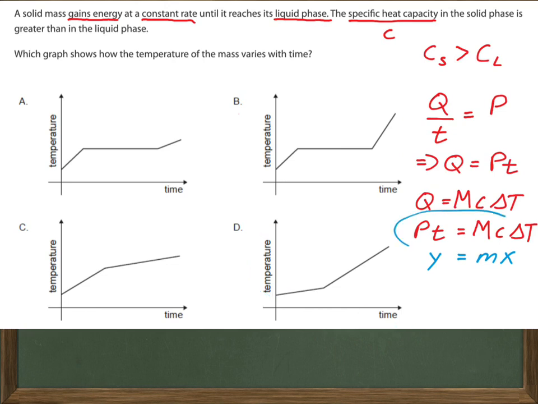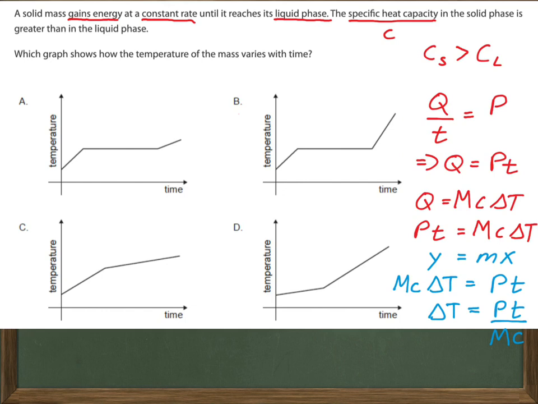So I need to rearrange this equation right here. So since temperature is on the y, I'm going to move that over to the left hand side. So I could have MC delta T is equal to P times T, and I did that just by swapping the two sides. And now, since I want delta T to be on its own on the y-axis, I'll call that delta T is therefore equal to P times T divided by M times C. And now I have it in the form that I want it.